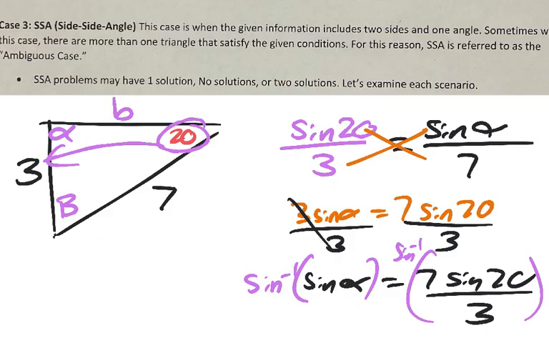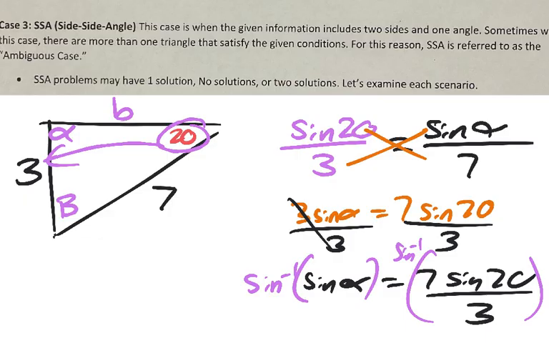Okay, there's my side of 7. Okay, here we go. Now, imagine my side of 3. Where could I put my side of 3 along this line that would then make a triangle? Well, I could go here. That would make a triangle.